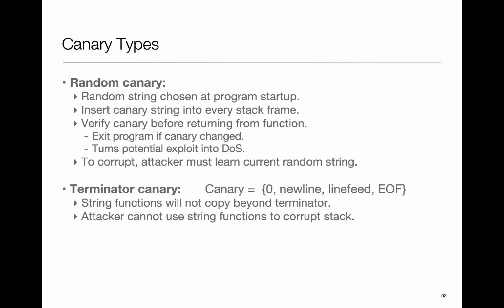So the attackers cannot use the string functions to corrupt the stack. So if we're trying to overflow a buffer and we have some format string, it would be capped by these terminator characters.